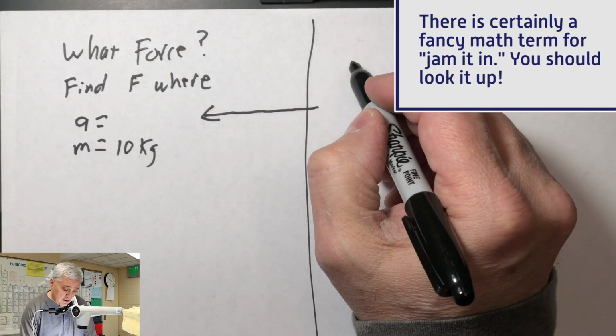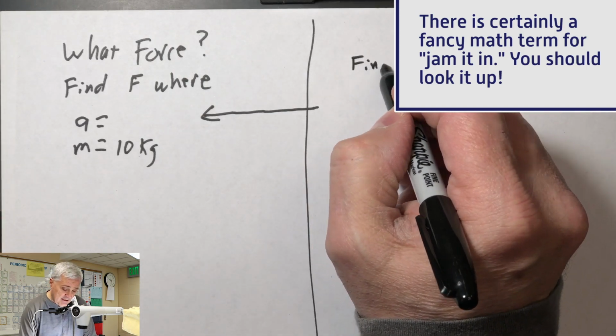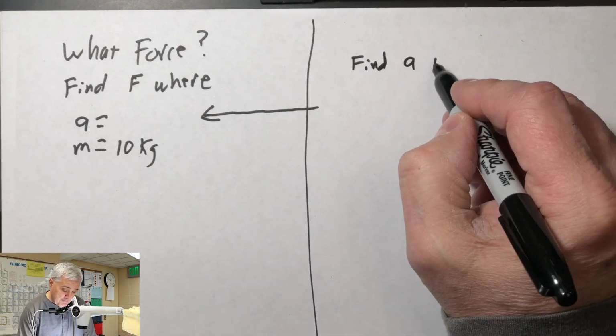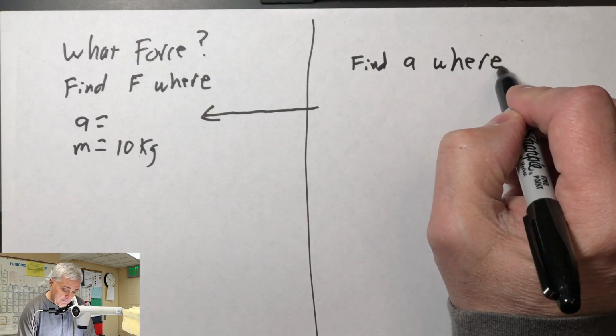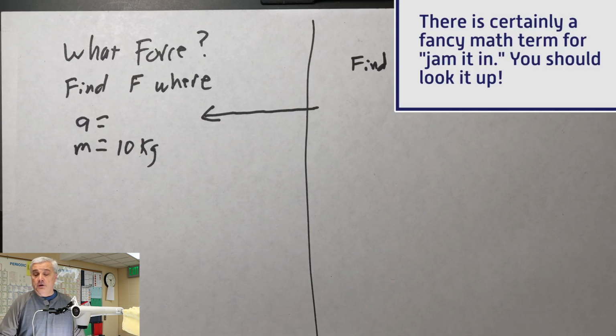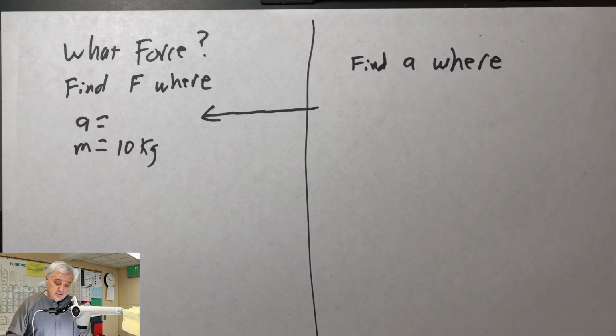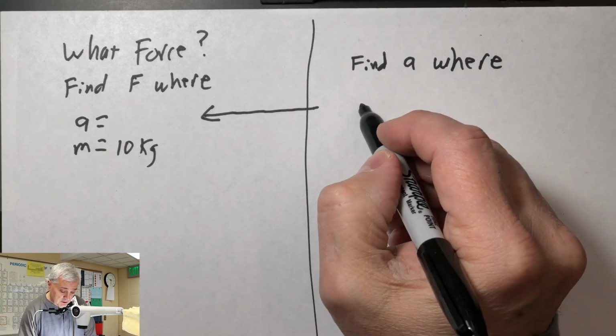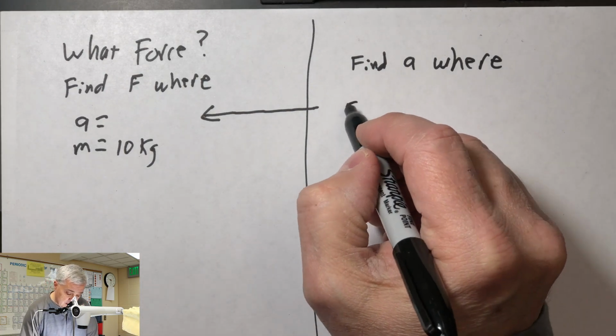So we're going to change over on this side. We're going to write find A where. Now, we've got some distances given, 5 meters and 145 meters, and we've got an initial velocity. If we're trying to find A and we've got distances, we're going to use the distance equation, which we learned in previous units.